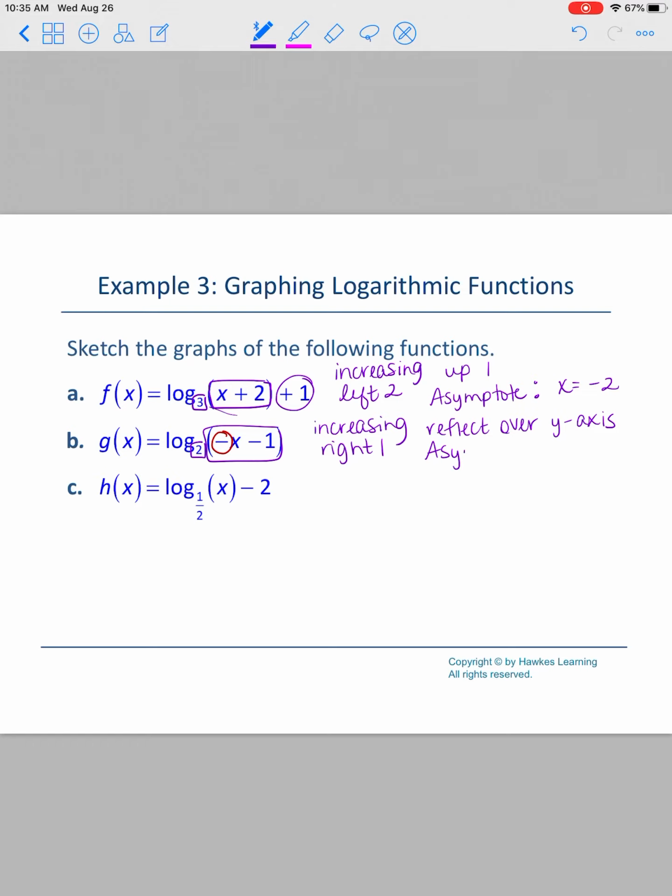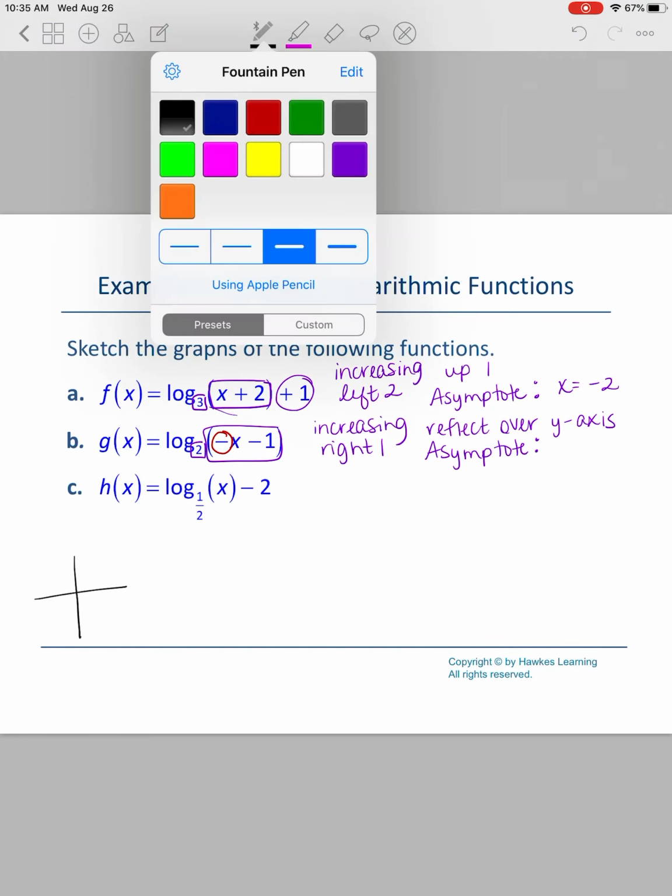So this time we can still find this asymptote. It would have been at x equals 0, but since everything moved to the right one, we've got to think. Let's think about a graph here.